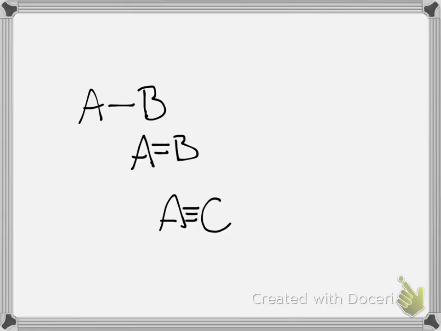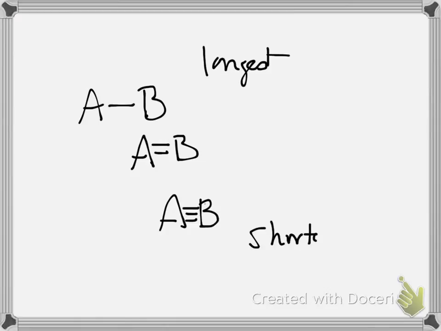And how did I get a carbon in there? Because I love carbon. Because I like to count to 4. In general, longest to shortest: single bonds tend to be longer. Double bonds are shorter. Triple bonds are even shorter. And it's the inverse relationship with energy.